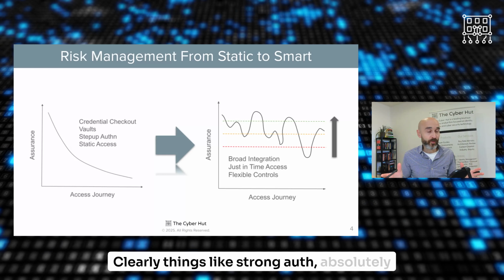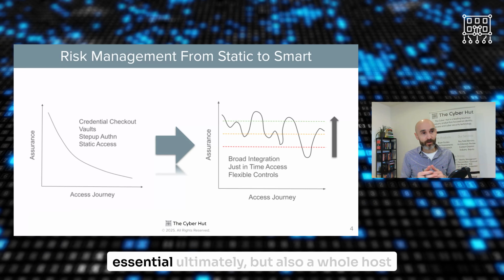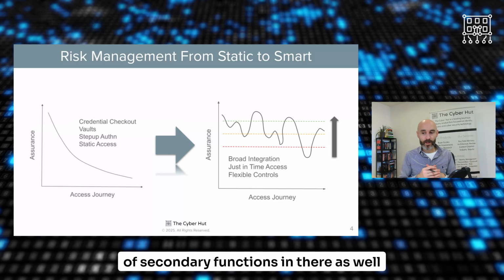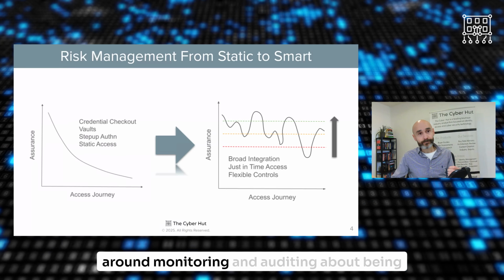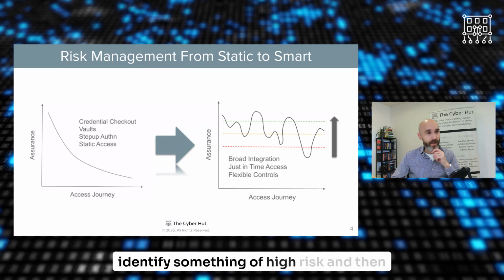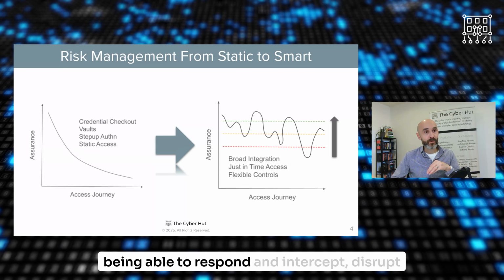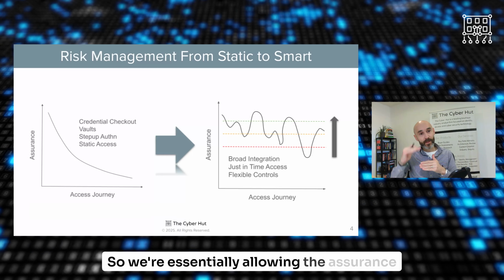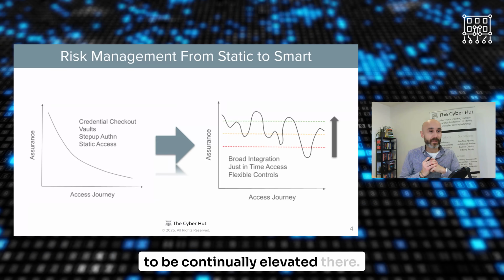Clearly, things like strong auth, absolutely essential ultimately, but also a whole host of secondary functions in there as well around monitoring and auditing, about being able to monitor behaviors and being able to identify something of high risk and then being able to respond and intercept, disrupt, and other. So essentially allowing the assurance to be continually elevated there.